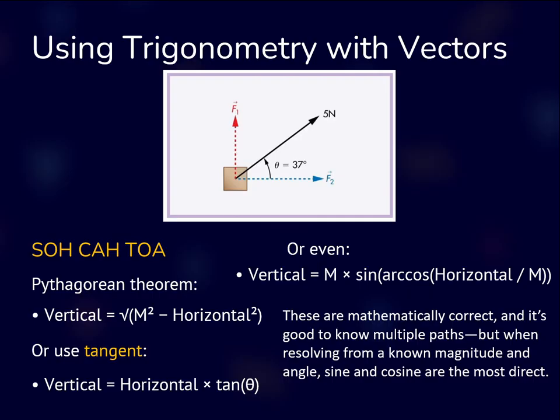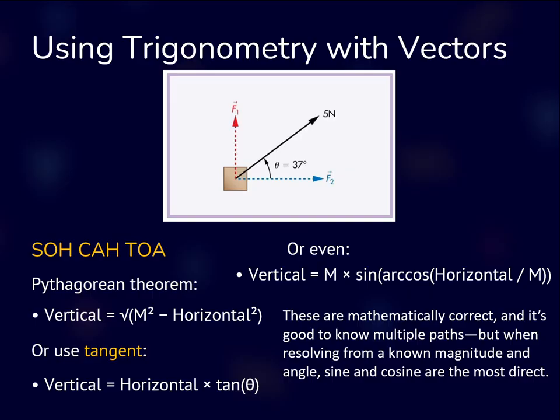We can solve that way. We can use the tangent, which says that the vertical side is equal to the horizontal side multiplied by the tangent of theta. Or even, the vertical side is equal to m multiplied by the sine of some crazy stuff, arc cosine multiplied by the horizontal divided by m.